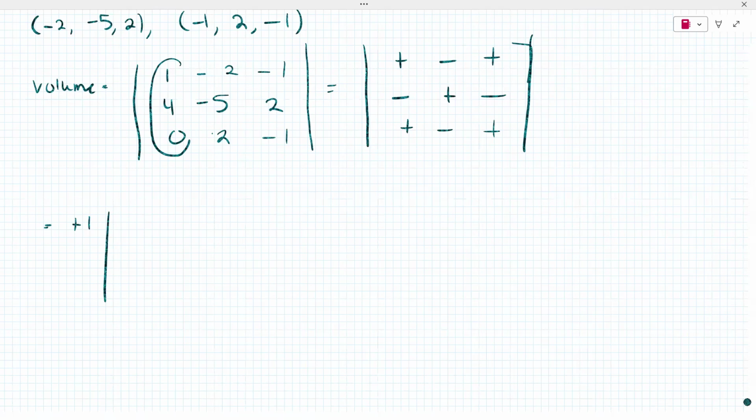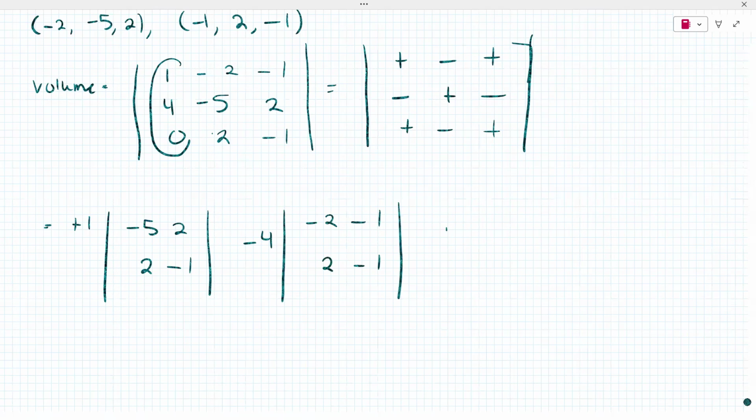If you get rid of the row and column of this entry, you're left with -5, 2, 2, -1. Then this 4 has a negative cofactor, so it's going to be -4, and it's -2, -1, 2, -1.